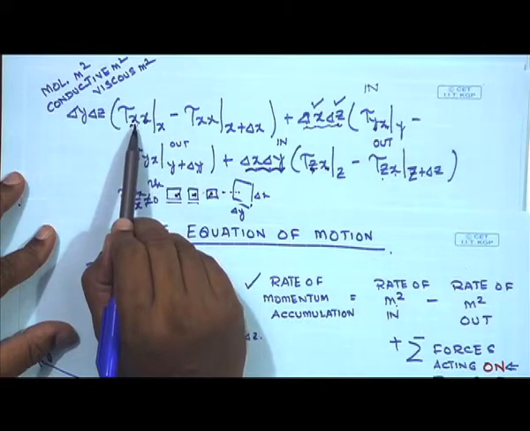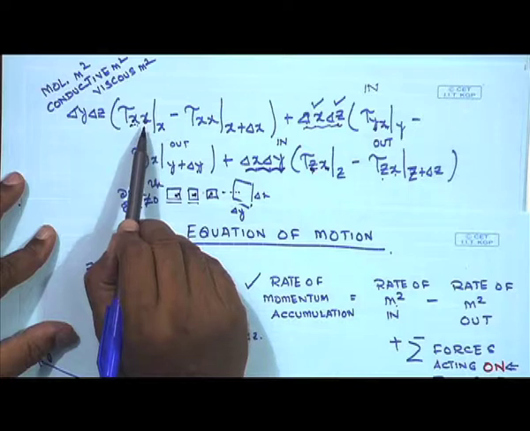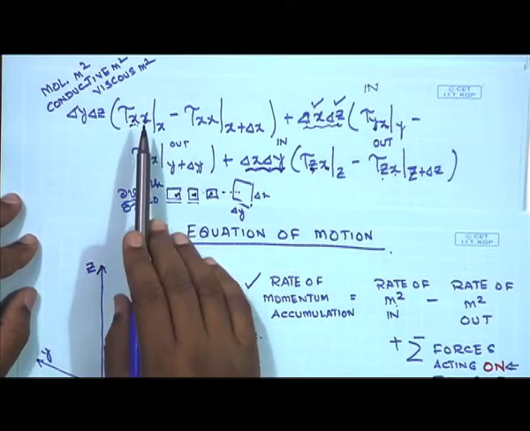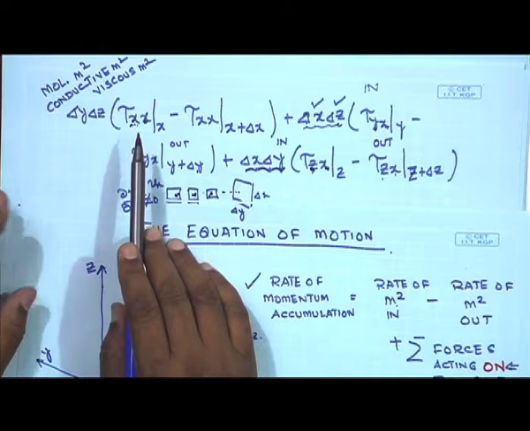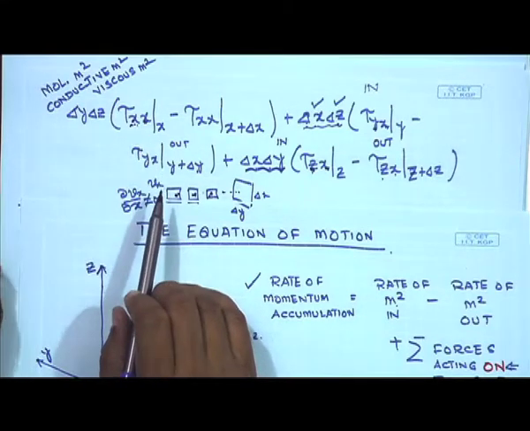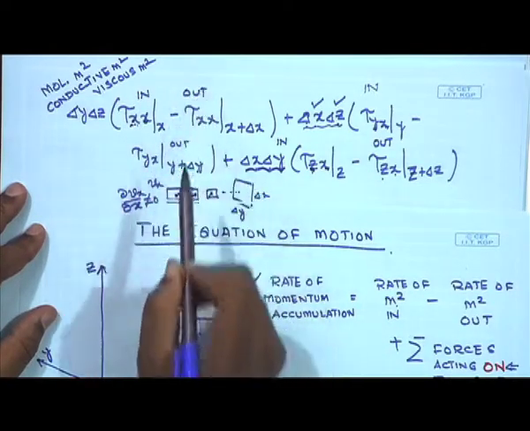So, tau xx is nothing but the normal stress exerted by the flowing fluid on the x face due to a variation in velocity of the x component. This is going to be the in term and this is going to be the out term.